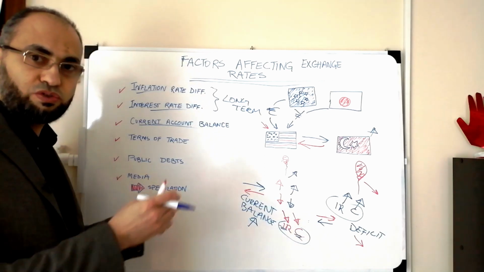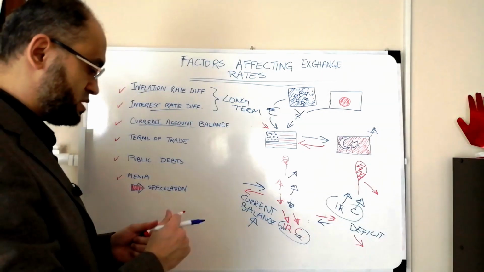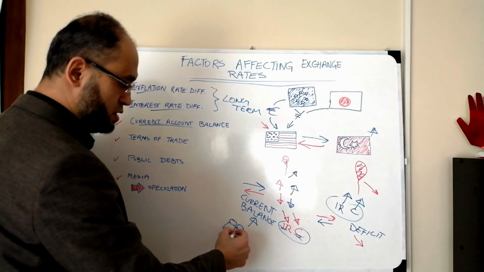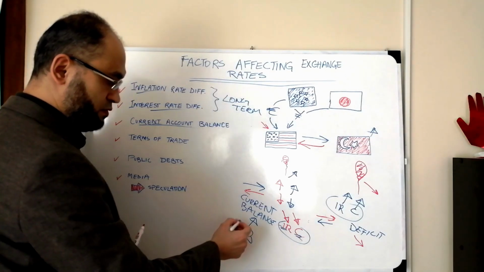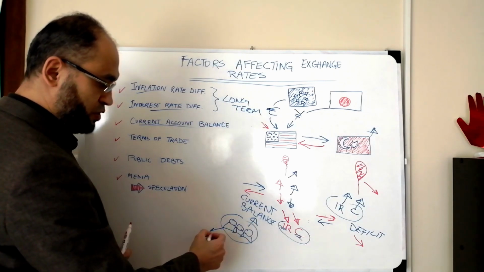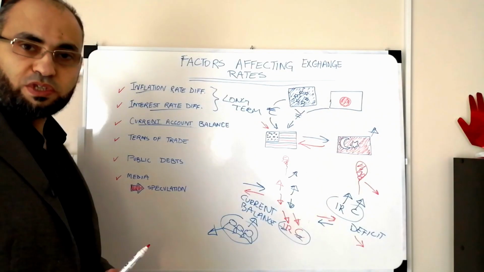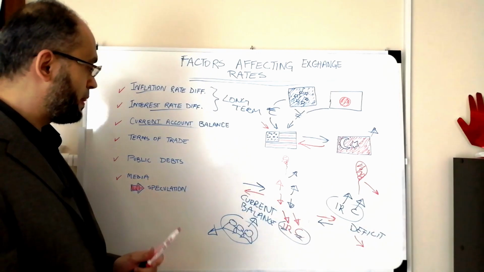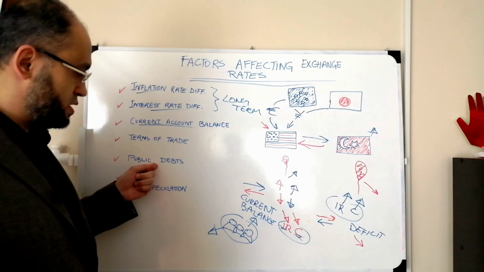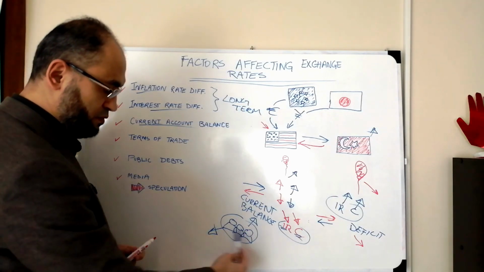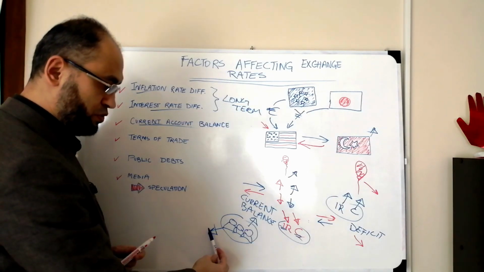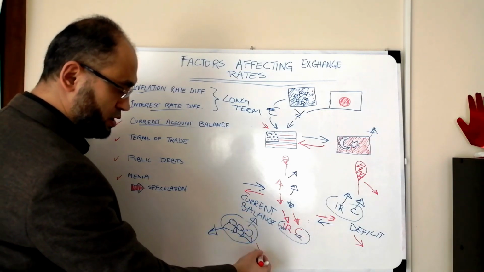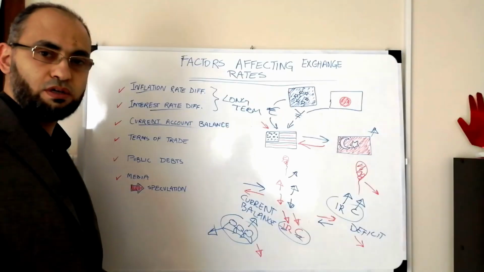If the public debt is too large, this will affect foreign investors, and this will make foreign investors run away and withdraw their money and investments from that country because it won't be so favorable. Now that's the public debt affecting the currency. So once the investors withdraw their money, what happens is that the currency will depreciate.